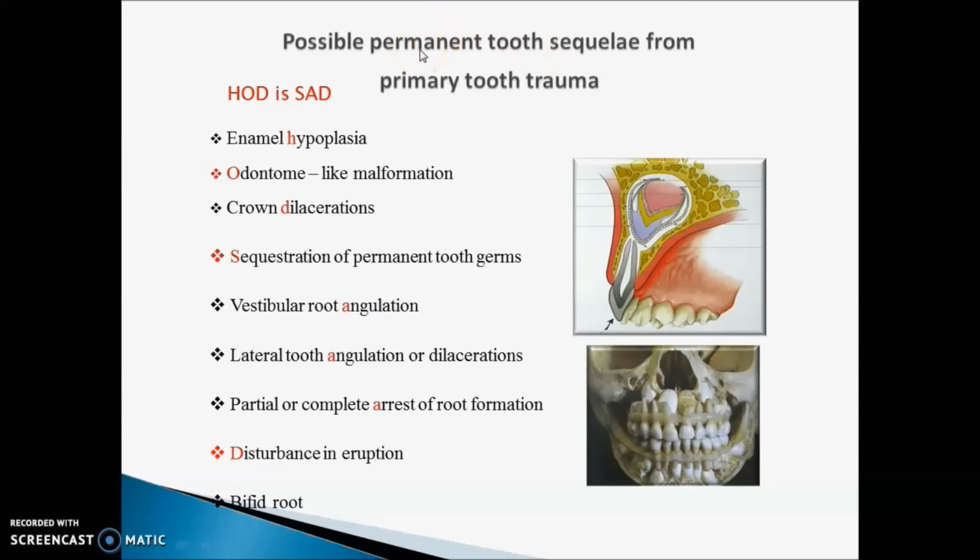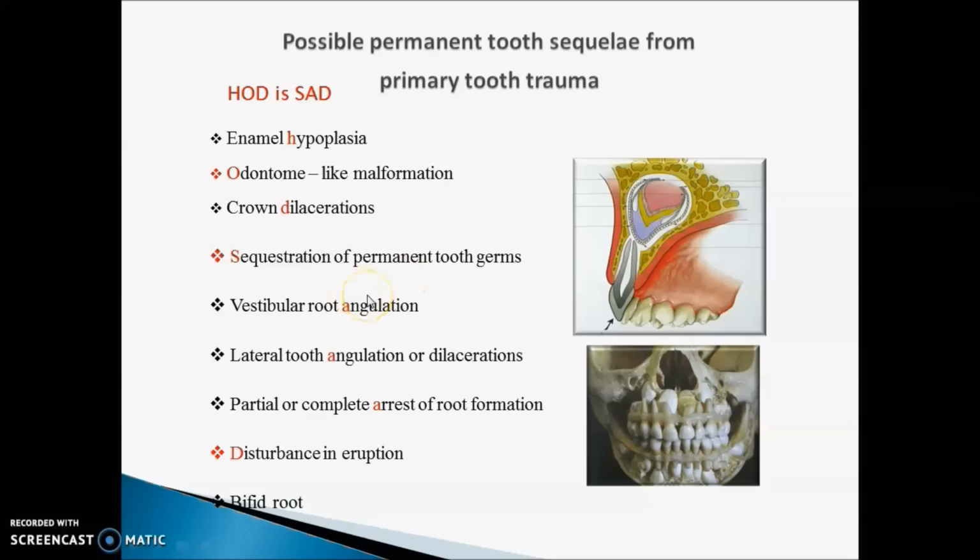Then if there is a primary tooth trauma, what can it affect in the permanent tooth? Because primary tooth and permanent tooth are closely associated with each other. So please try to remember these sequelae. There is one shortcut that has been made, that is HOD is said. H stands for hypoplasia, O stands for odontome, it can convert into complex or compound odontoma, D stands for dilaceration of crown, then S stands for sequestration of permanent tooth germ.